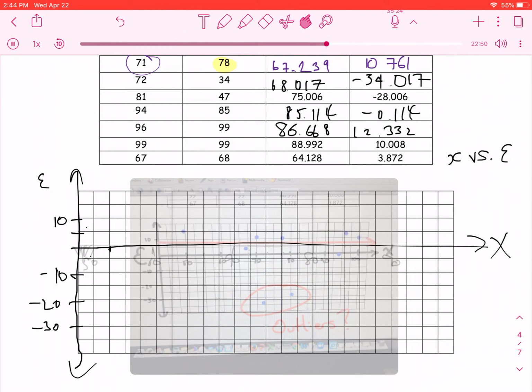We'll do 52, 54, 56, 58, 60, 72, 4, 6, 8, 80, 2, 4, 6, 8, 90. I'm not going to have enough room.